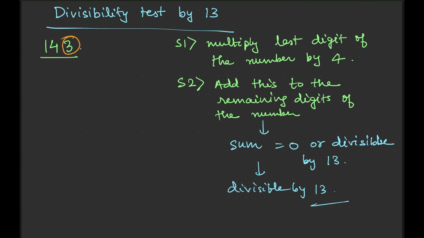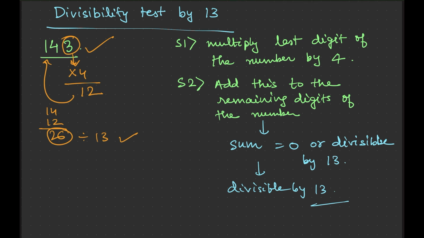Here the last digit is 3, we will multiply 3 by 4, we will get 12. If we add 12 to 14, we will get 26, and we know that 26 is divisible by 13, so our number 143 is also divisible by 13.